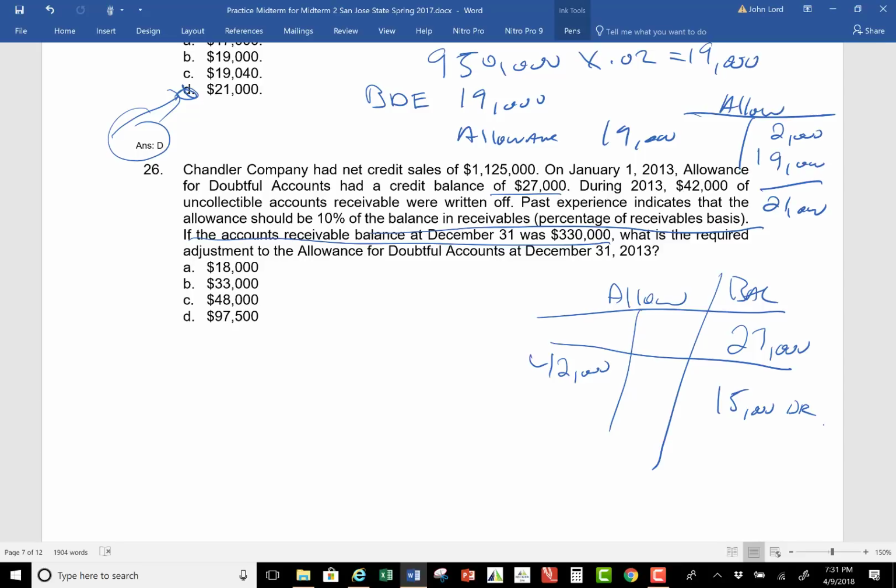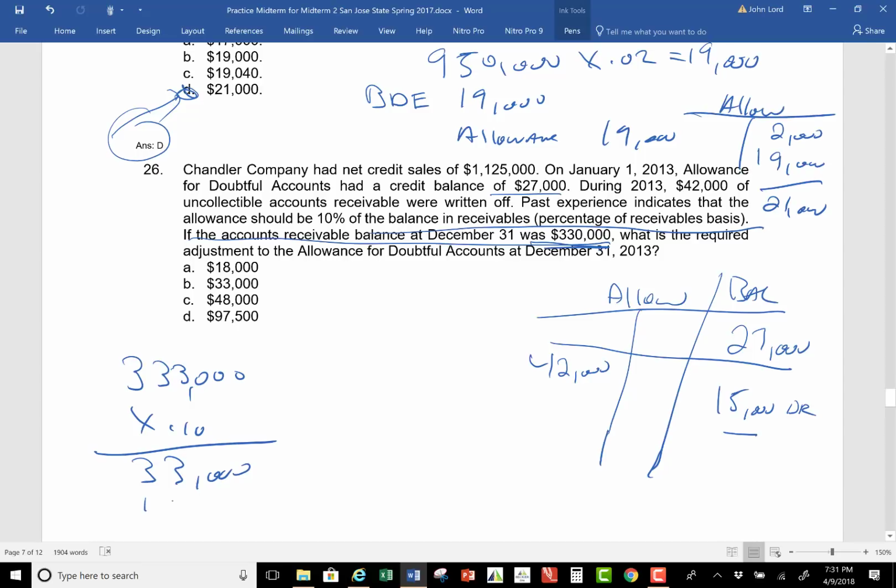Okay. Now they say that they want what? 10% of this 330, don't they? So we take the 330 times 0.10, what's that come to? 33,000? Okay, so they want 33,000. How much do they have? 15 debit, right? So to get rid of that, we're going to have to do what?